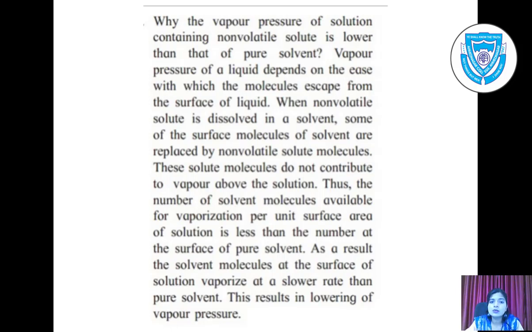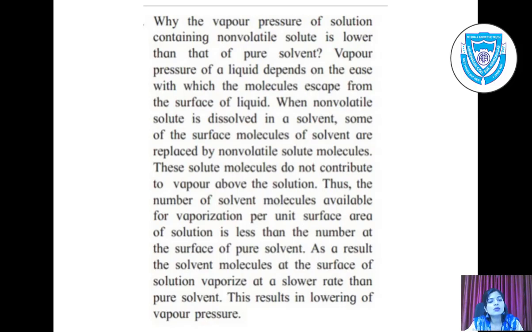Why is the vapor pressure of a solution containing a non-volatile solute lower than that of the pure solvent? What is the reason? I'll explain again. Vapor pressure of a liquid depends on the ease with which the molecules escape from the surface of the liquid. When a non-volatile solute is dissolved in a solvent, some of the surface molecules of the solvent are replaced by non-volatile solute molecules.